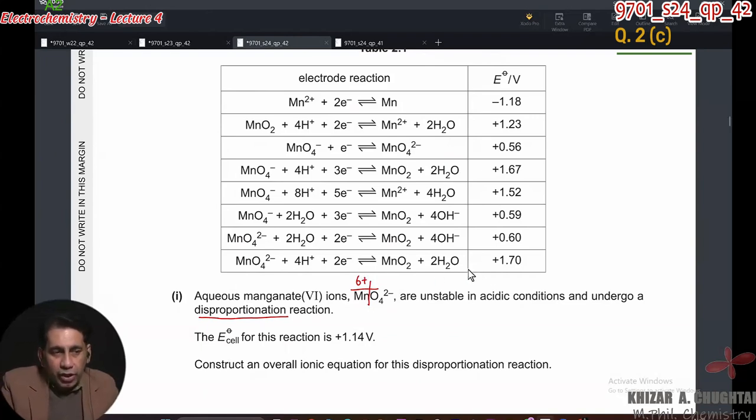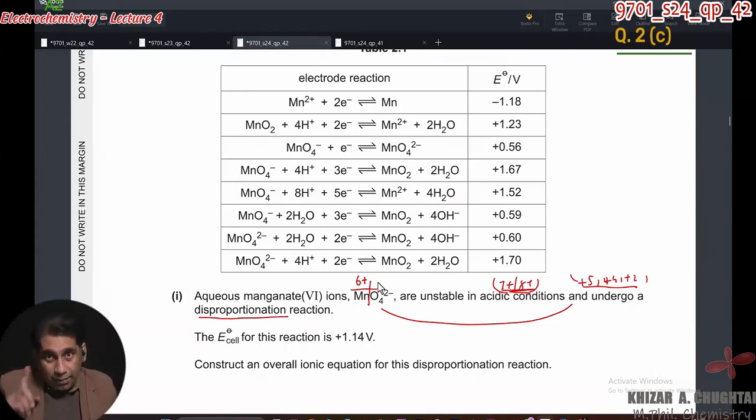It is going to change its oxidation number, it may go to plus 7, and it may go down to plus 5, plus 4, plus 3, plus 2, etc.